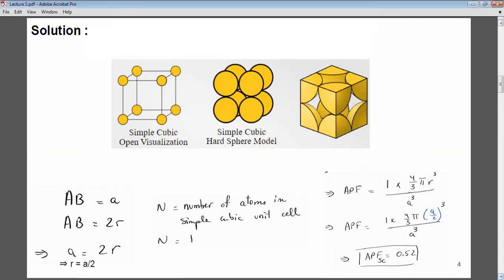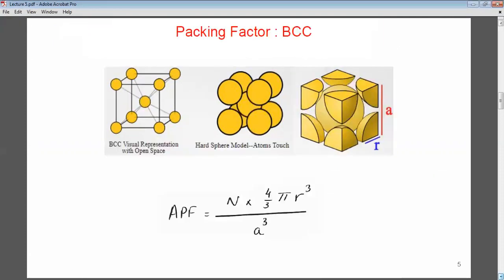Let's take another example, that of a BCC, the body-centered cubic. So this is how a conventional unit cell looks like. Again, it's a cube, so the volume of the unit cell is A cubed.